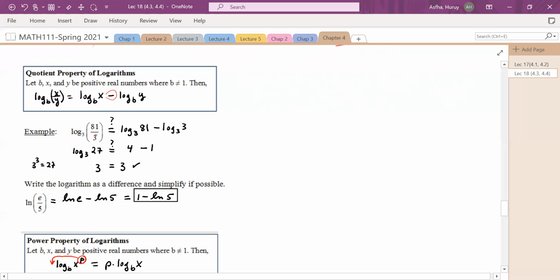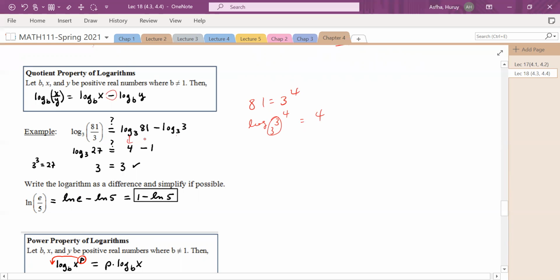So using this property, this is basically log 81 base 3 minus log 3 base 3. So 81 is 3 to the power of 4. So instead of 81, I will write log 3 to the power of 4 base 3. And since they have the same base, this is just 4.